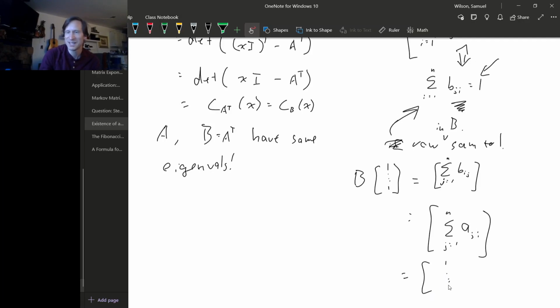So each one of the entries in this matrix product is just equal to 1, 1, 1, 1, 1. But that's what we started with.